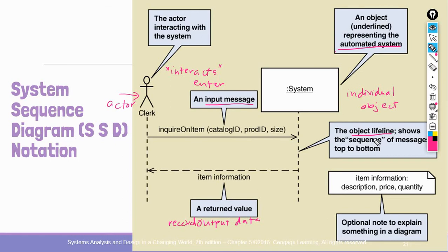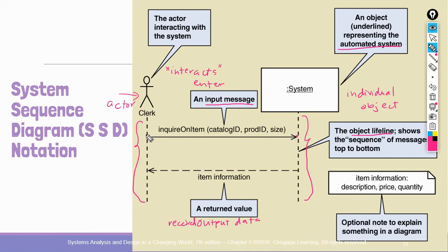A lifeline, or object lifeline, is simply the extension of the object, either actor or object, during the use case. The arrows between the lifelines represent the messages sent by the actor. So each arrow has an origin and a destination.